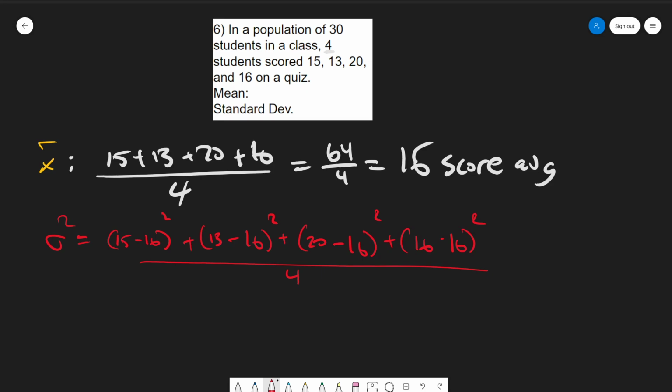So it looks like we've got a negative 1 squared, negative 3 squared, 4 squared, and a 0 squared. That's going to go away. So we get a 1 plus 9 plus 16, which is 26 divided by 4. So that's just 6.5 is our variance.